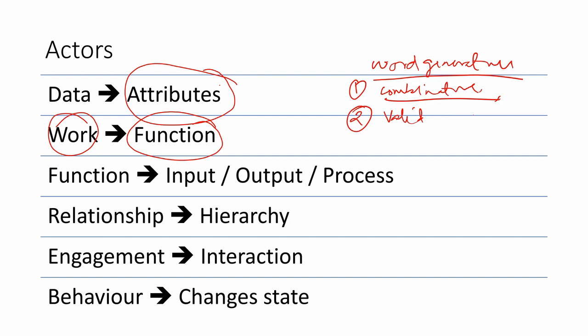And valid combinations are essentially what? Valid combinations are words which can be found in a specified word bank. If a word exists in the word bank, it is valid. If the word does not exist in the word bank, it is not valid, right? So this is what? This is the function. This is the work that's performed by the word generator.